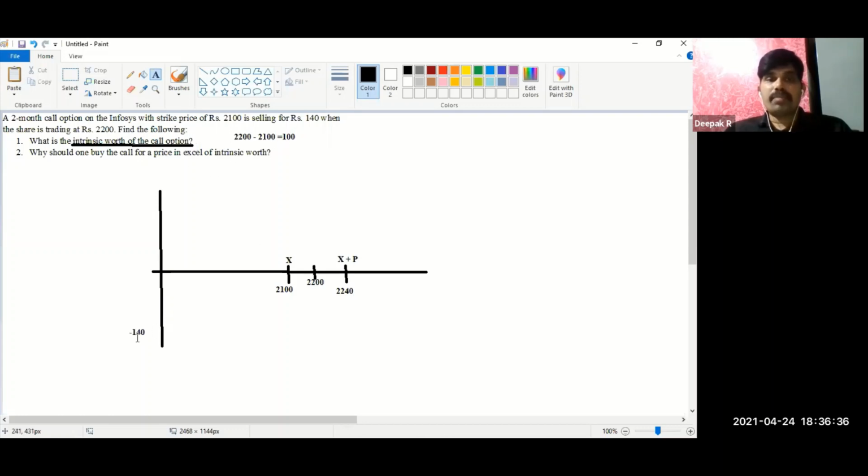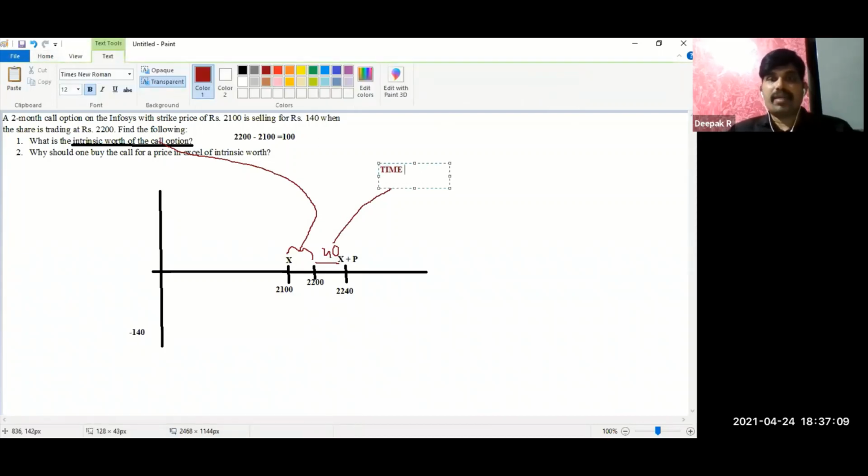But how much premium are you paying? You are paying 140, which means 40 rupees more. If this gap is the intrinsic value, the extra 40 rupees that you are paying is always referred to as the time value.